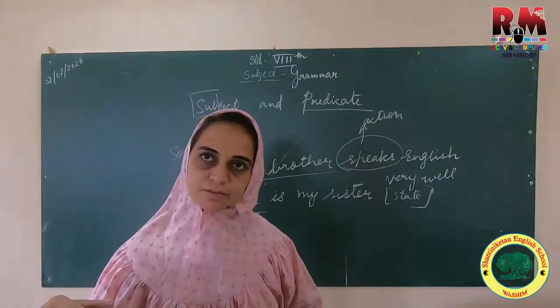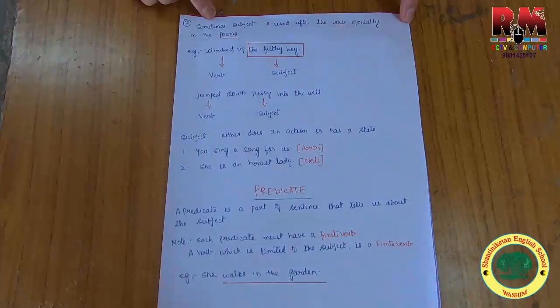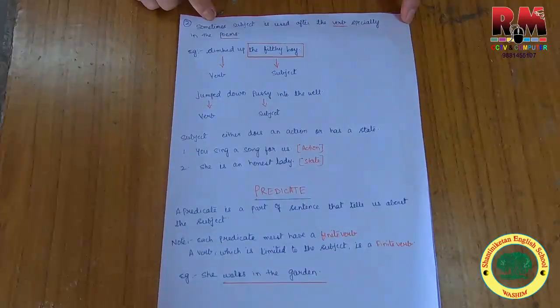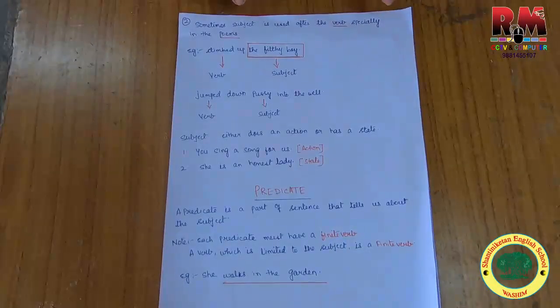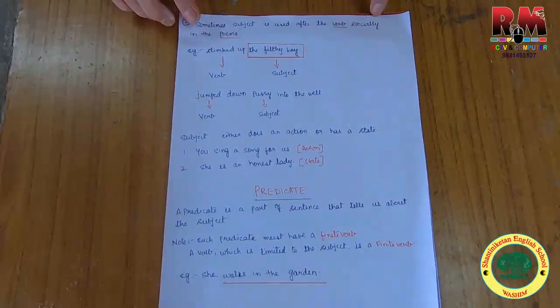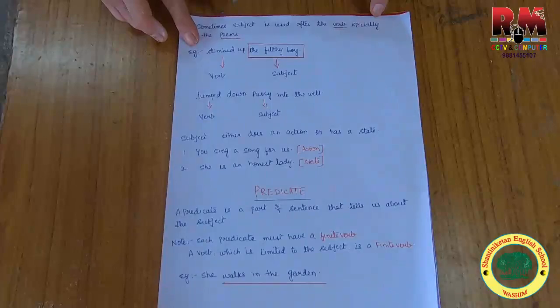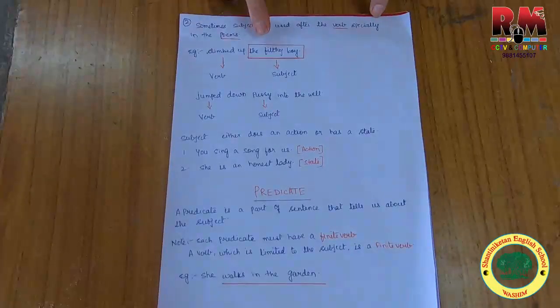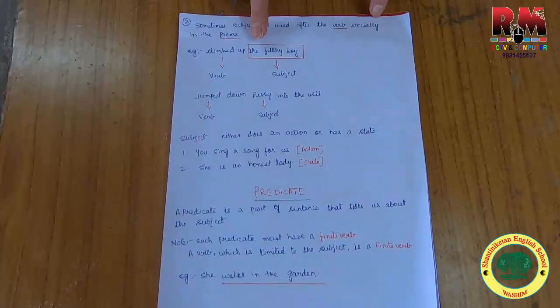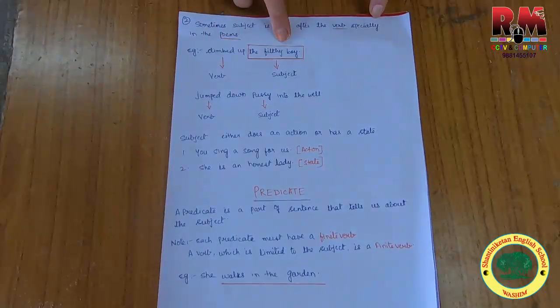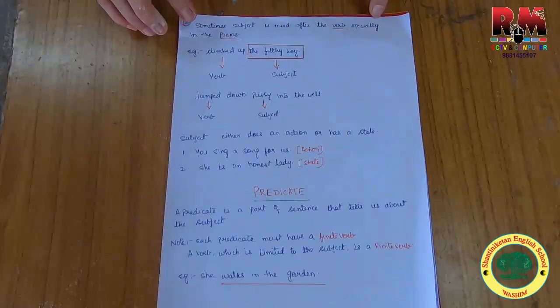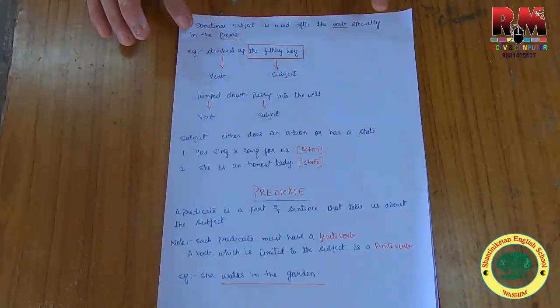It is not necessary that the subject is always at the beginning of the sentence; it can be after the verb. These special sentences are formed in poems. Here the verb is climbed up, and here you find the subject, the filthy boy. So the subject can also be after a verb.